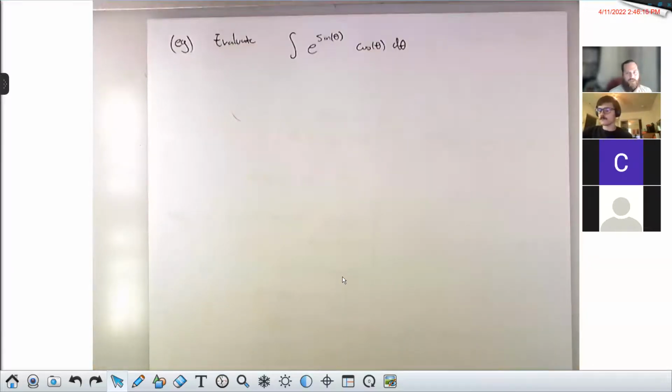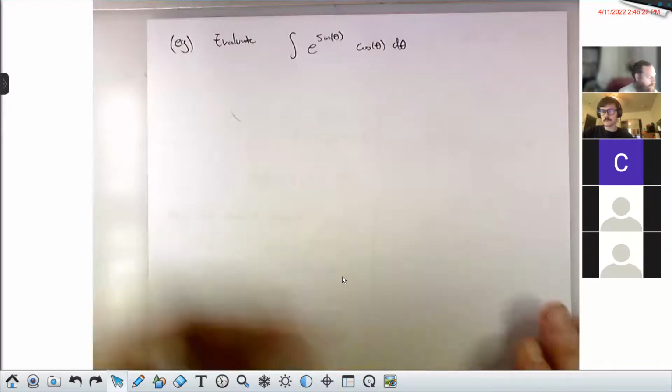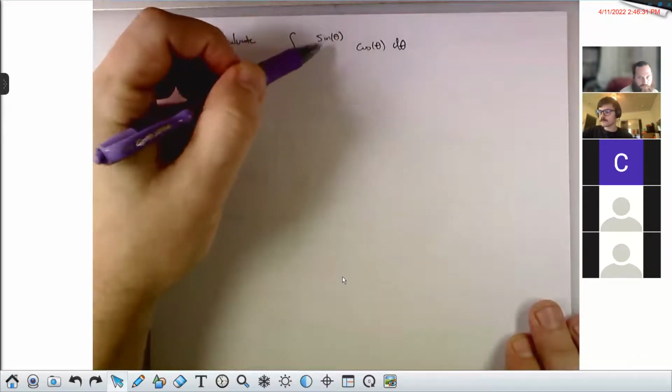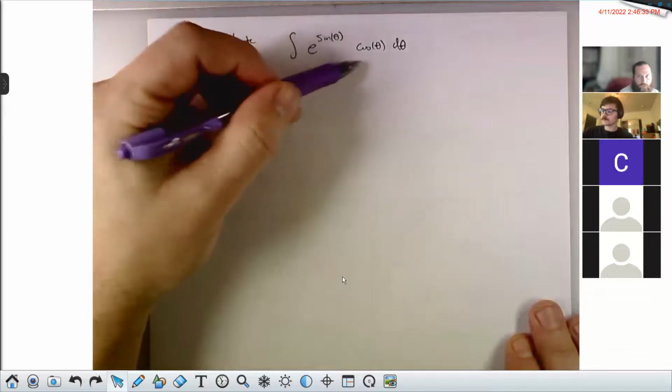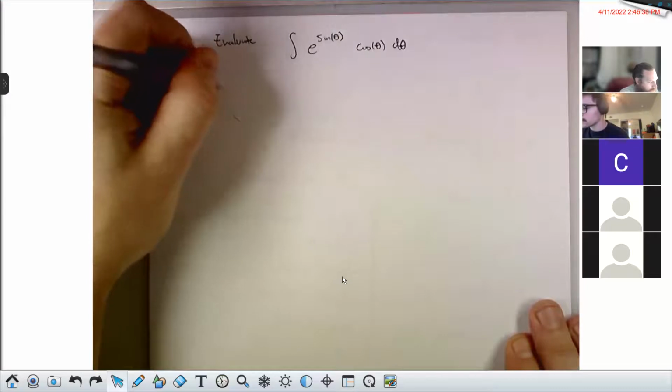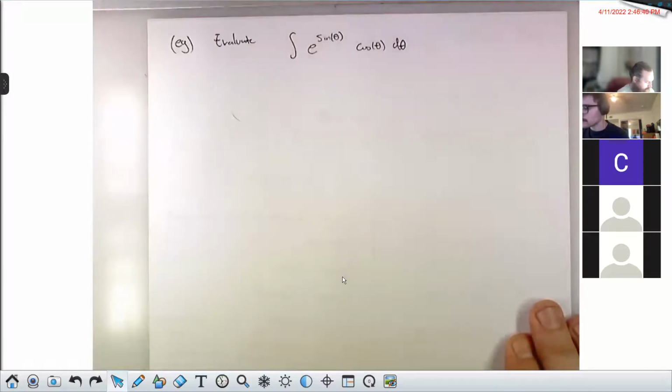How about e to the sine theta times cos theta d theta? What do I sub for? Sine theta. Very good. Right, this is clearly the inner function. This is like e to some stuff where the stuff is sine theta. And what's better, the derivative of sine theta is chilling right over here.